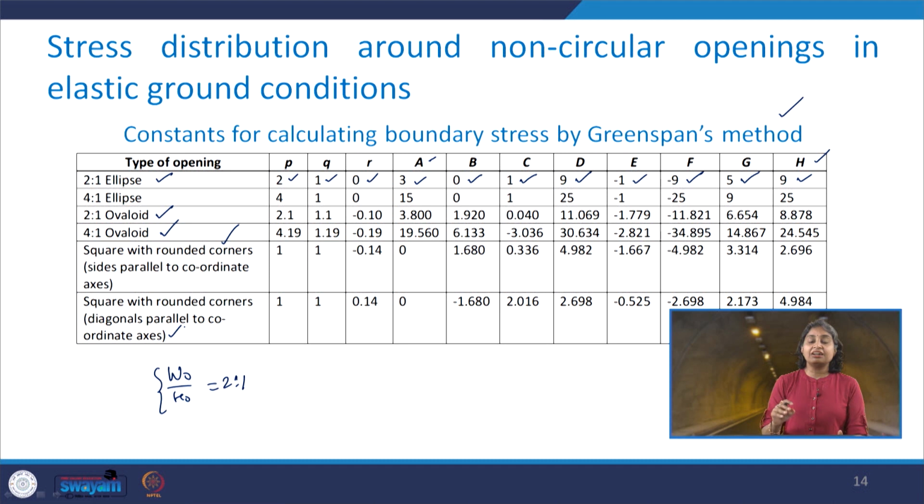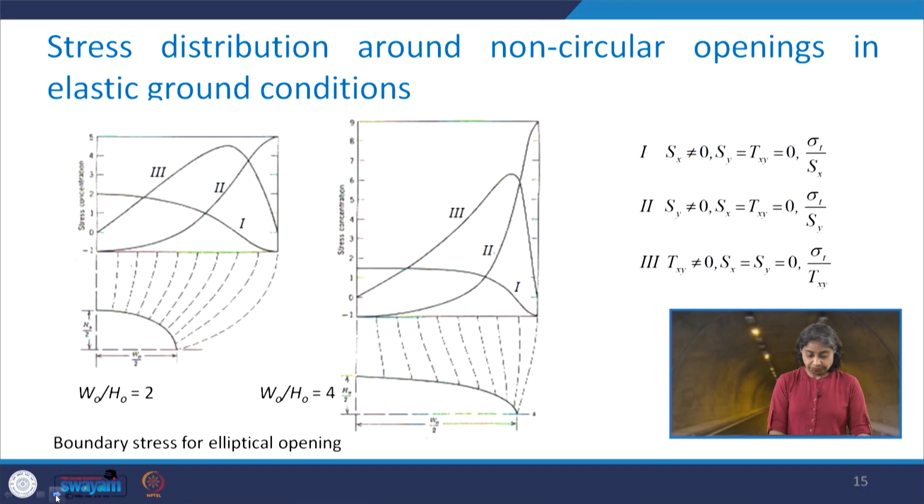So you see that in both the cases, although it is the square opening, the constants are different. Although P, Q and R parameters are the same, the value of C is different, and D, E, F, G and H are all different for these two situations.